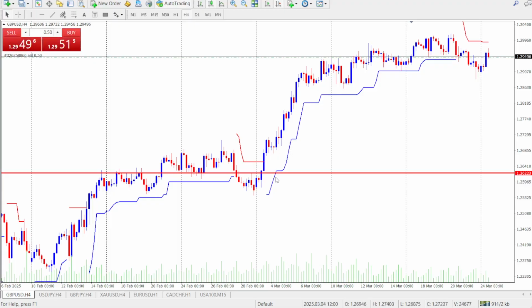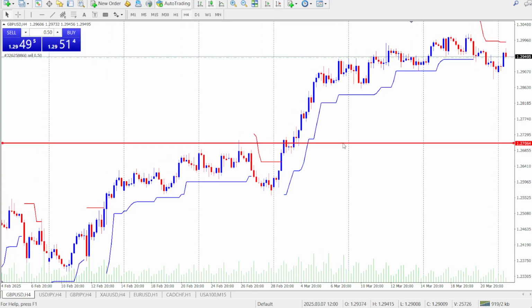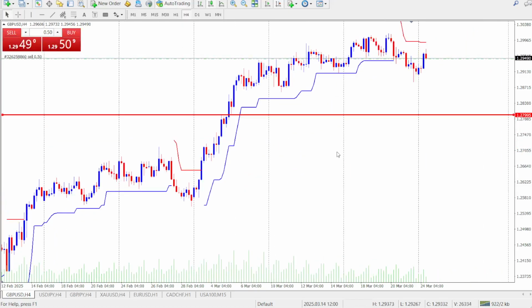As price moves in your favor, you can let go of fixed stop loss levels. You might want to take advantage of trailing stop dynamics for a smarter and more dynamic approach to protecting your trades.